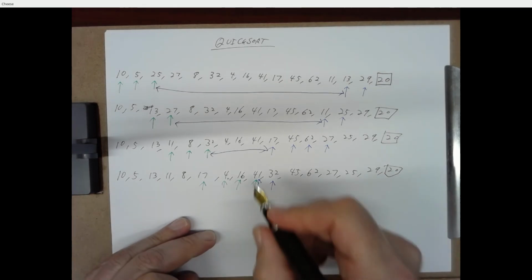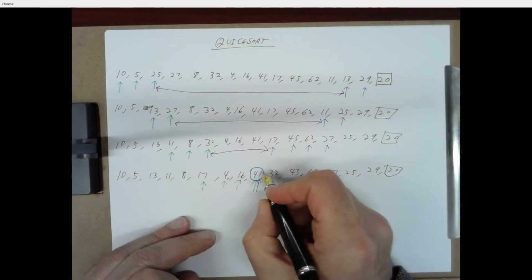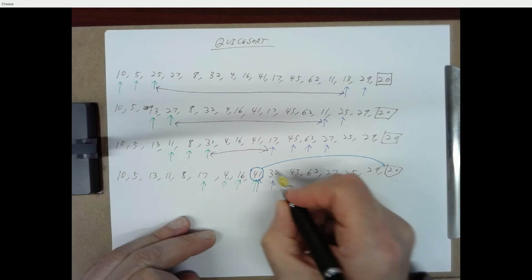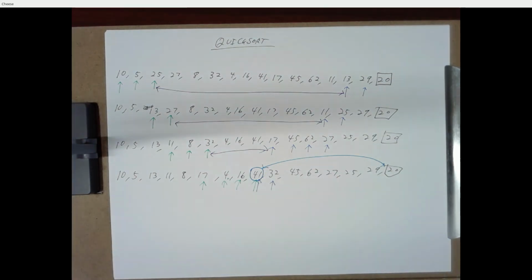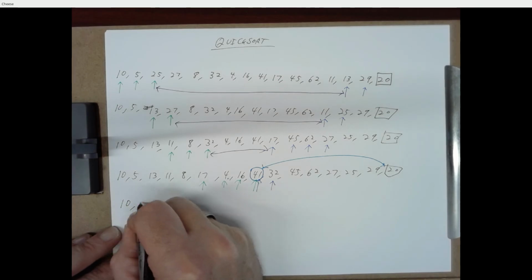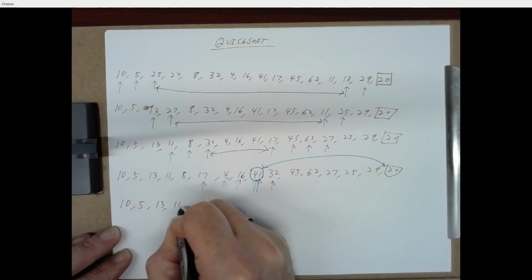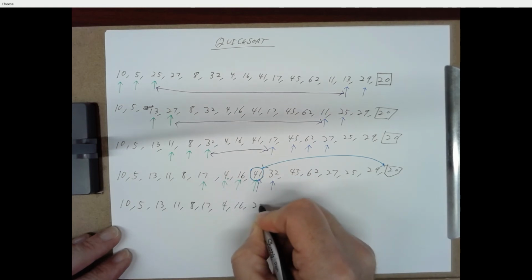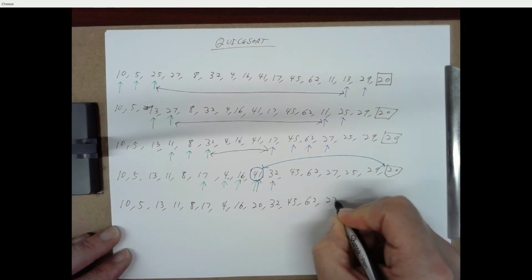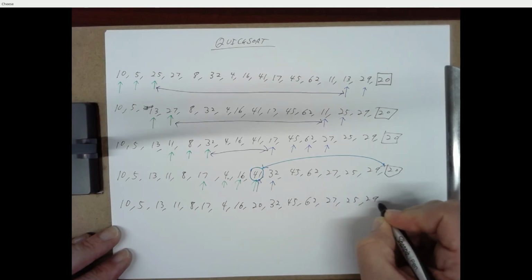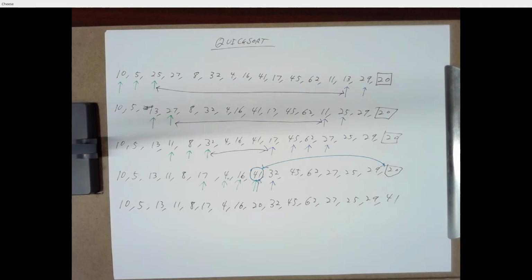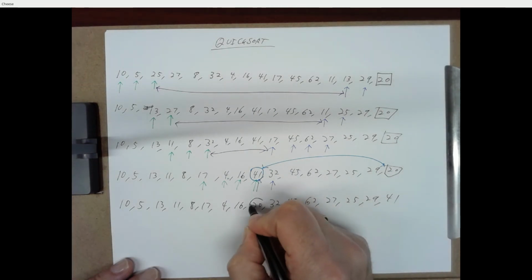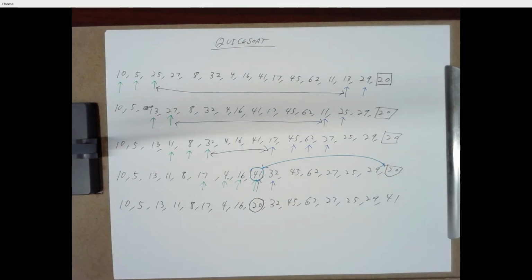And once it stops, we take this number and we exchange it with the pivot. And this gives us our final array. Right there. And we're going to circle this thing that was our pivot.